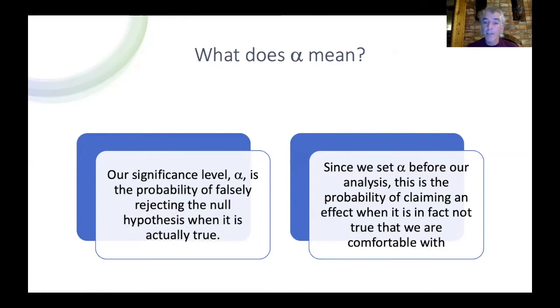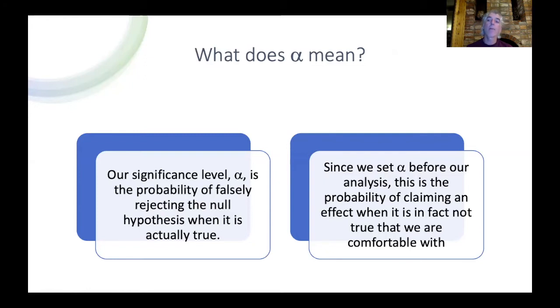Alpha, or our significance level, represents the probability of making a mistake and rejecting the null hypothesis when it is actually true. So when we set our alpha before our analysis, then what we're doing is stating that we're comfortable with a certain probability of making this type of error.